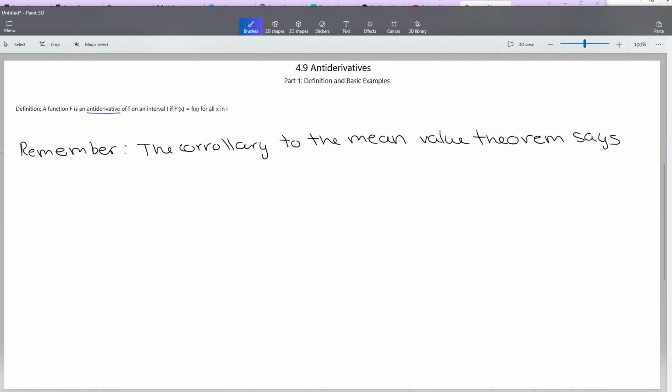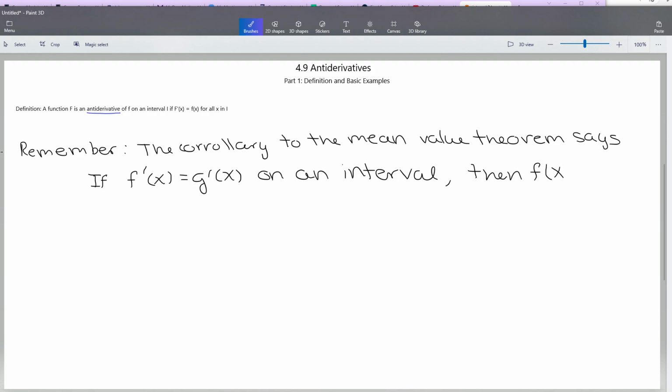Okay, so if f prime of x equals g prime of x on an interval, then f of x equals g of x plus some constant on that interval.